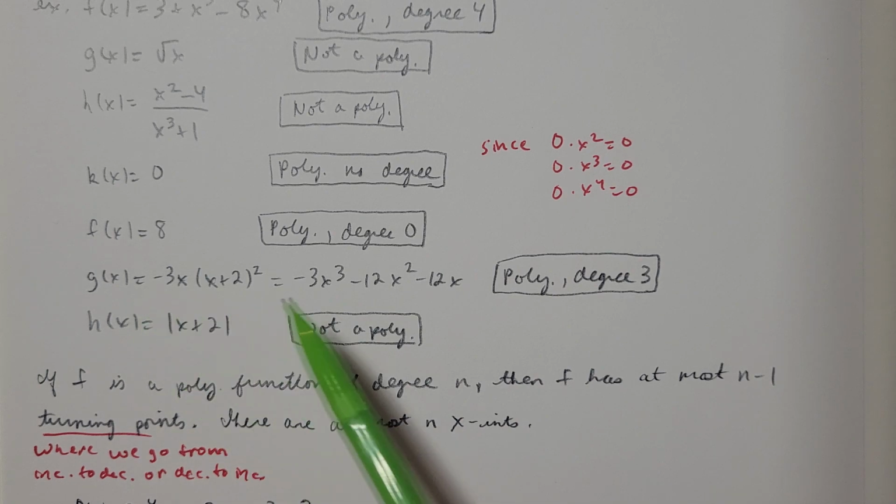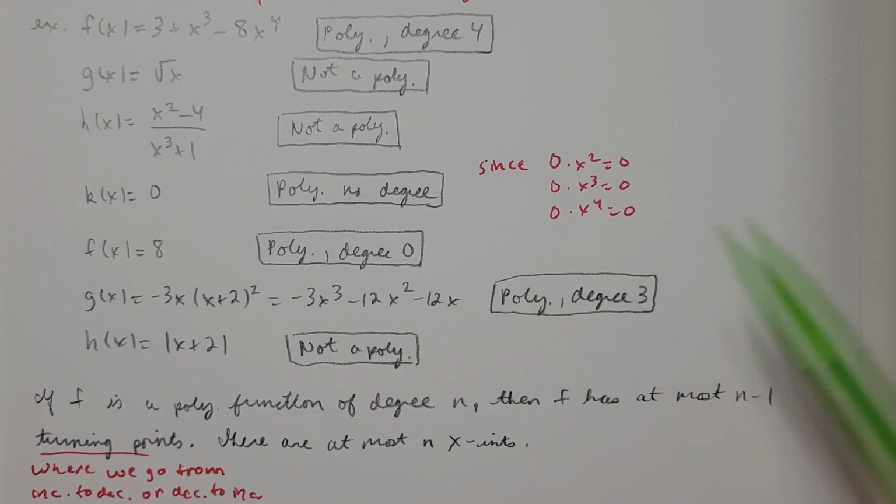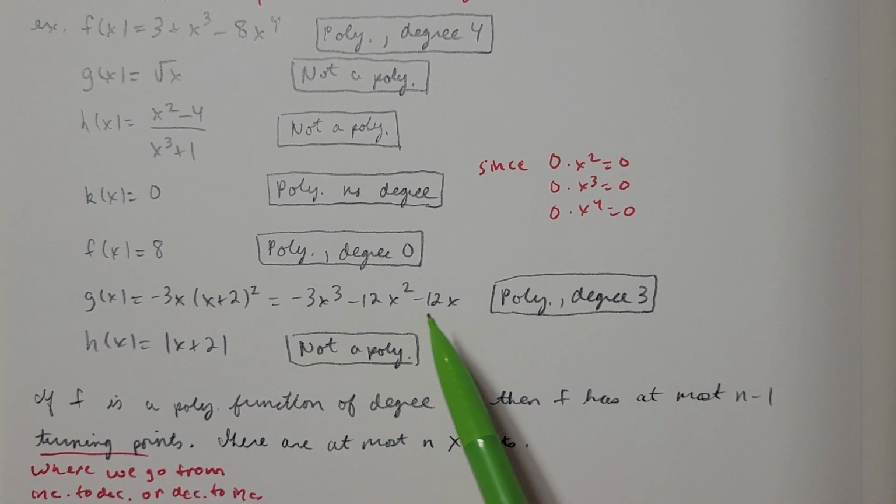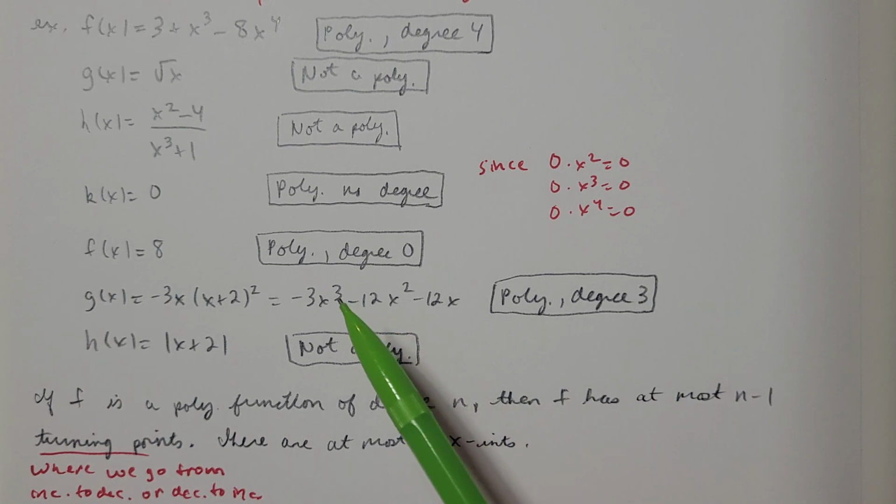Okay, so is g a polynomial? Yeah, because the two conditions would be satisfied. So I'm in the form where I'm adding up a bunch of terms here. And so is every single power of x a whole number? Yes. 3, 2, and 1, those are whole numbers.